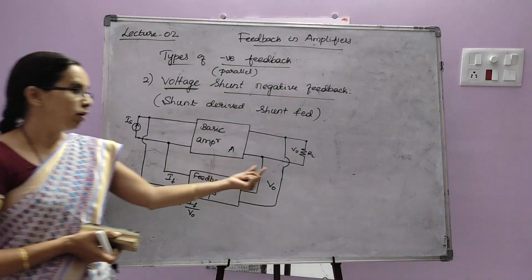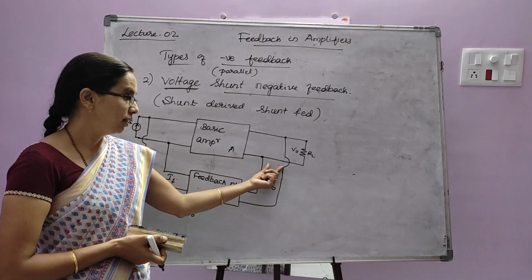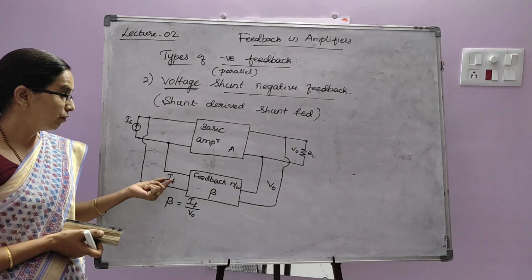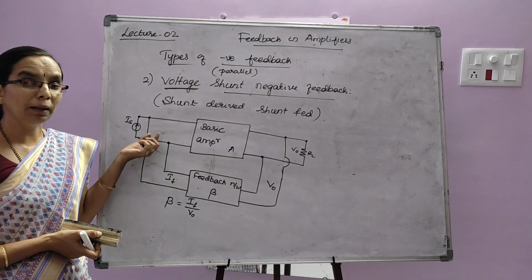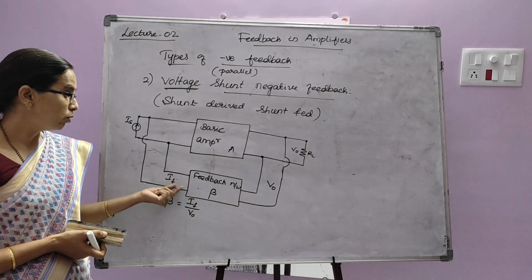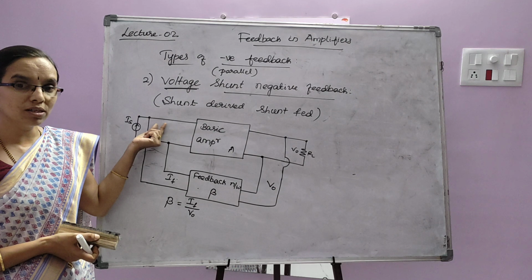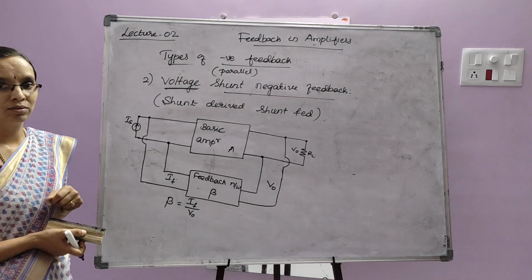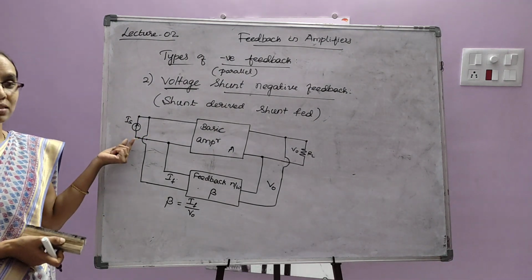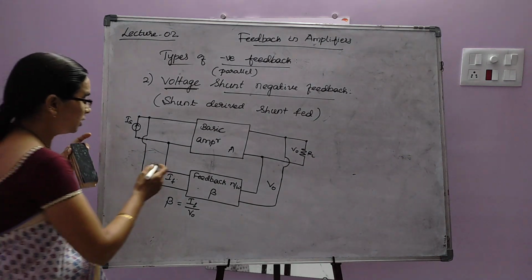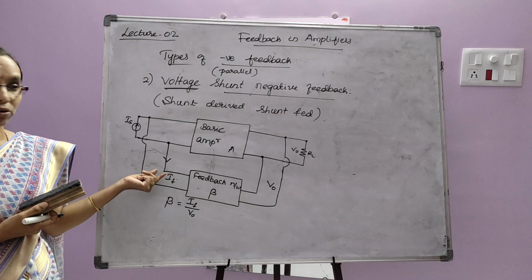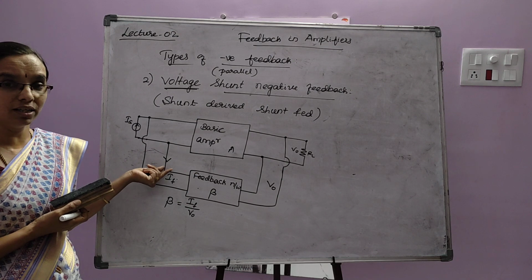Here part of the output voltage is taken and it is fed back to the input in parallel. The proportional current flows through the input circuit in parallel. Obviously it is negative feedback, the direction of current varies.